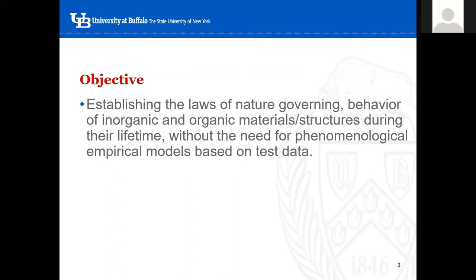So what do we do in mechanics of materials? And of course, when we say materials, we mean everything. So we try to establish laws of nature governing behavior of inorganic and organic materials and structures during their lifetime, and hopefully without the need for phenomenological empirical models based on test data.